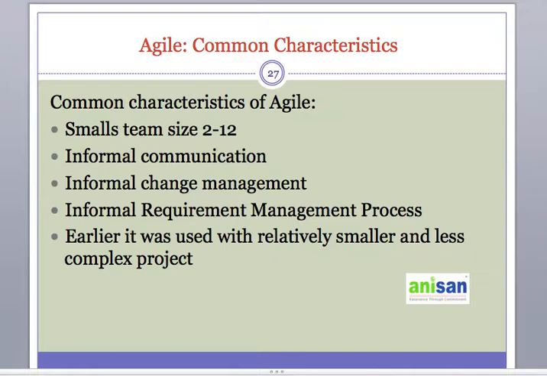And there is informal change management here. The product owner is the owner of the project, and he will decide which requirement has higher priority and which change has to be managed. The change is informal, meaning any change can be initiated at any stage, and if the change is valid from the team's perspective, it will be developed depending on its priority.